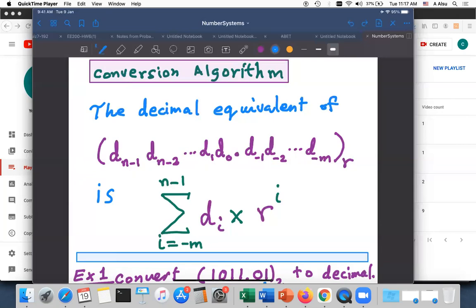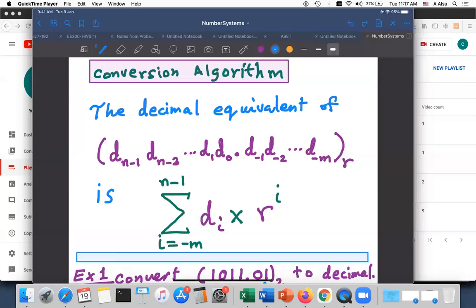So this is digit number n minus 1 and then n minus 2. What is the most significant digit here? N minus 1. Yeah, d sub n minus 1. If I talk about only the integer part of the number, then the least significant digit is d sub 0. However, if I talk about the whole number, then the least significant digit is d sub minus m. So the number has m fractional digits and n integer digits.